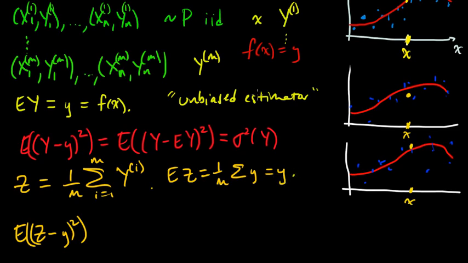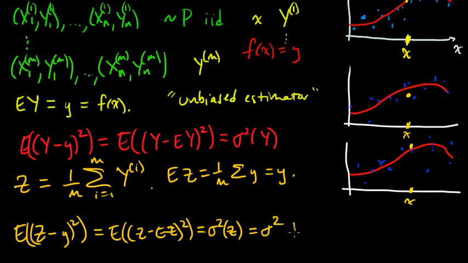So z is also an unbiased estimator. So this is equal to the variance of z, right? And z is 1 over m times this sum.